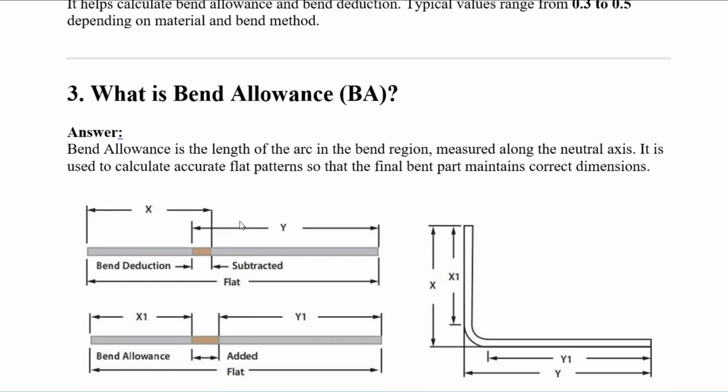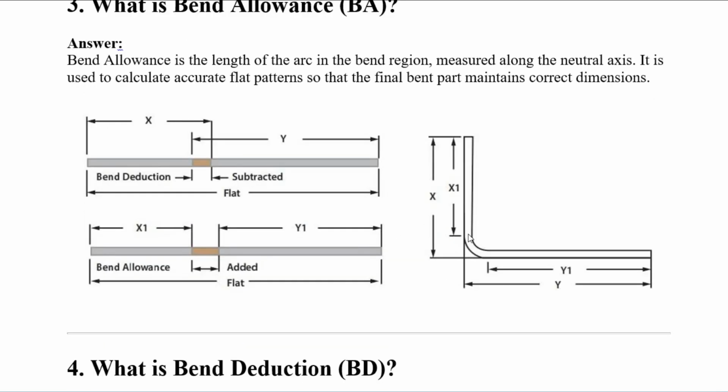So what is bend allowance and what is bend deduction? Bend allowance is the length of the arc in the bend region. If you see here, from this point to this point, this arc, if we straighten it, means unbend this arc, that complete length of the arc is the bend allowance.